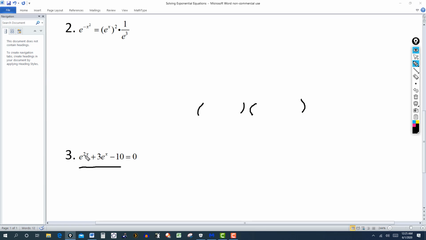So this e to the 2x, that's the same thing as e to the x times e to the x. So that can be factored then as (e to the x)(e to the x), and then the minus 10 can be factored as a plus 5 and a minus 2.